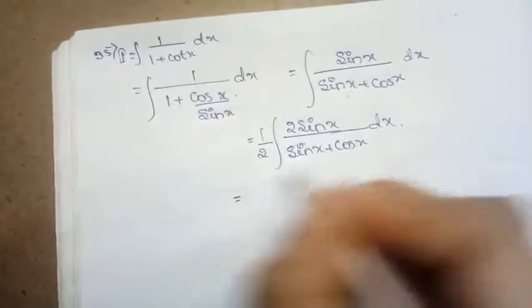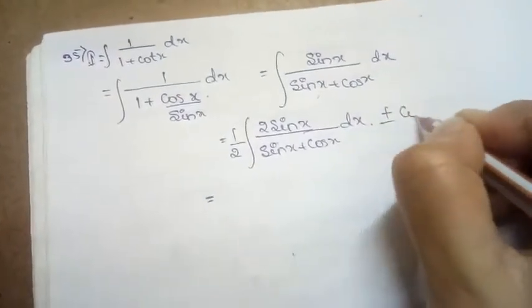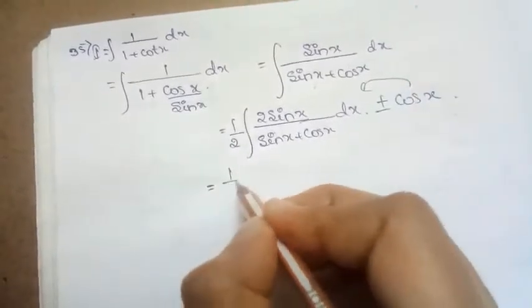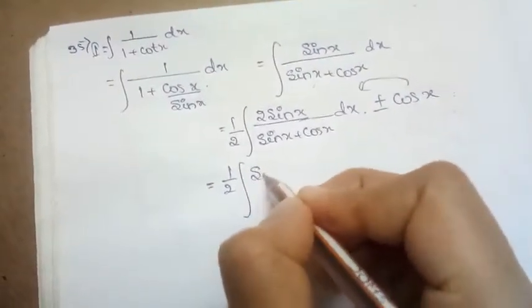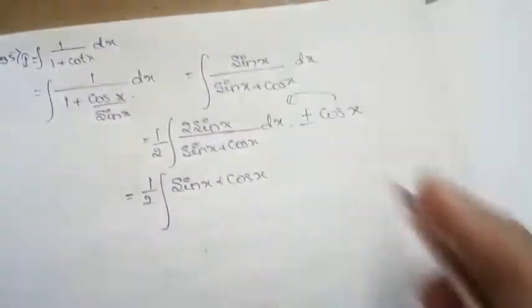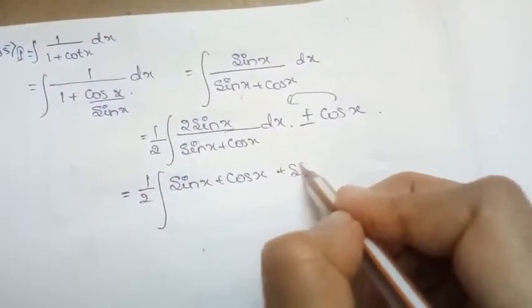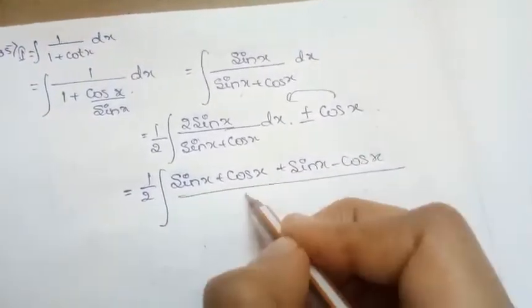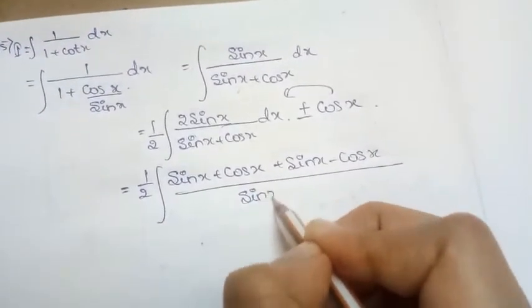Now I am adding and subtracting cos x in the numerator, so it becomes 1 by 2 integral of sin x plus cos x plus sin x minus cos x divided by sin x plus cos x into dx.